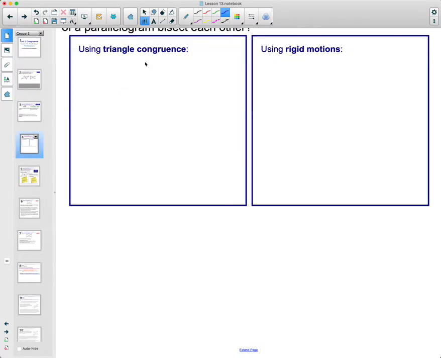So let me draw a parallelogram down here, and then let's draw in the diagonals. All right, so there's our parallelogram, and the diagonals, corner to corner.